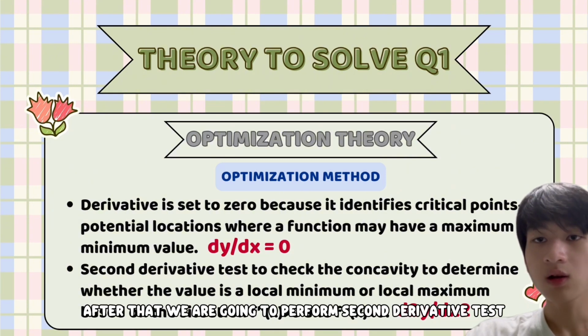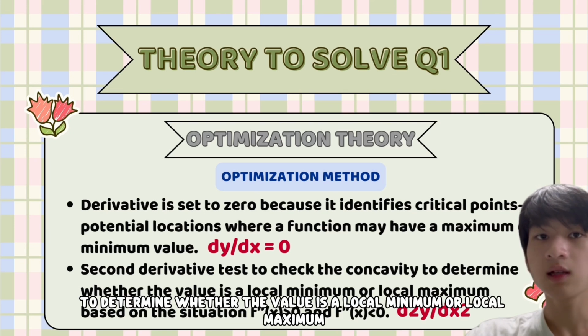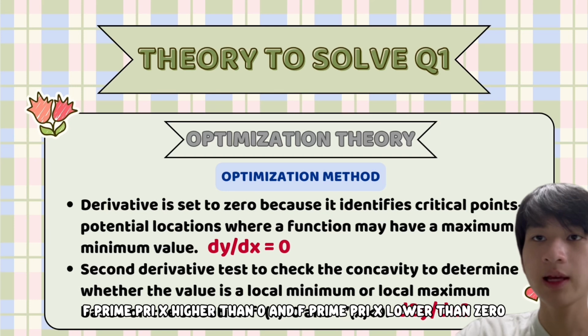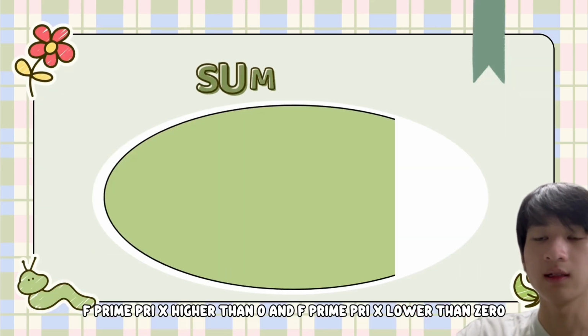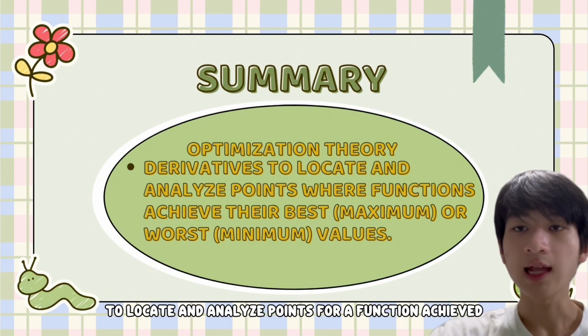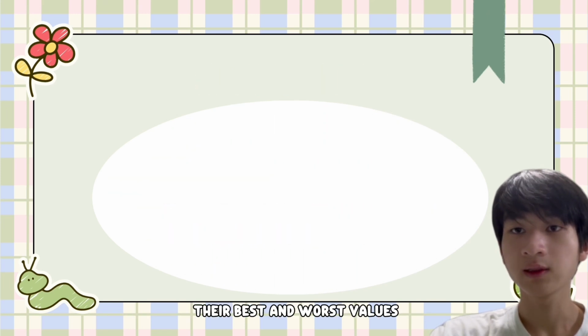After that, we perform the second derivative test to check the concavity to determine whether the value is a local minimum or local maximum, based on whether f''(x) is higher than 0 or f''(x) is lower than 0. In summary, optimization theory uses derivatives to locate and analyze points where functions achieve their best or worst values.